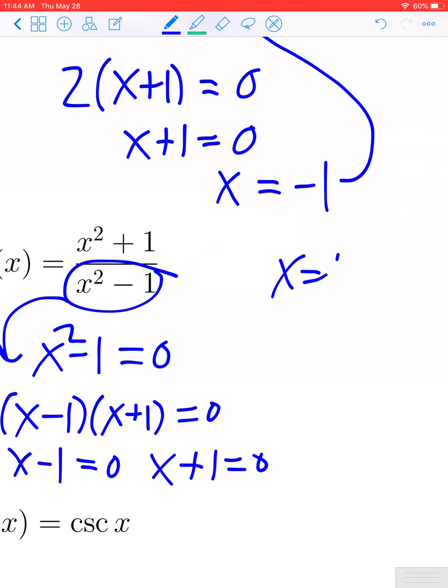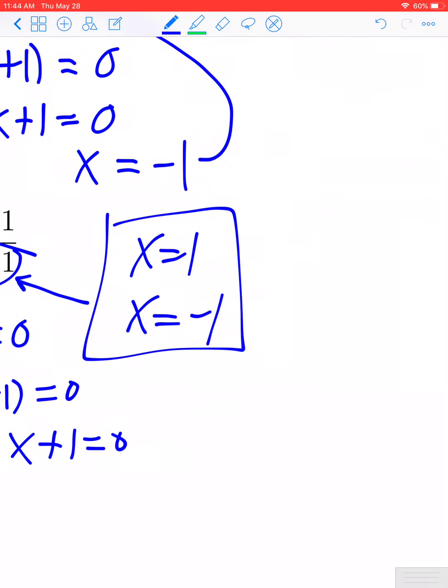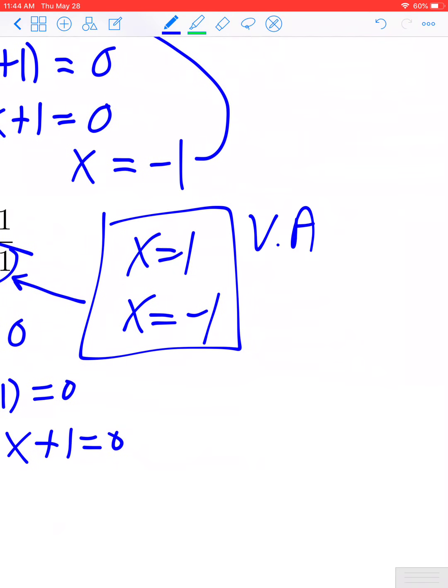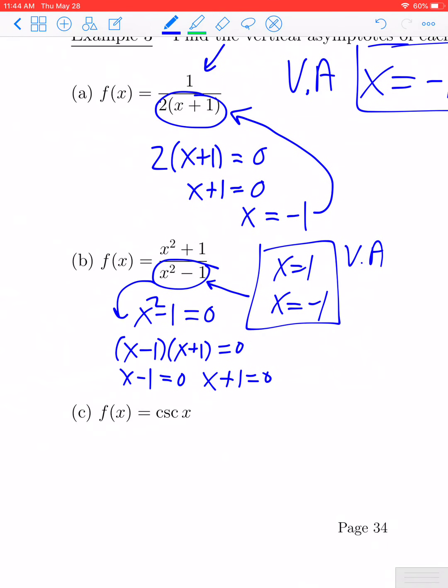We get x equals positive 1 and x equals negative 1. These two values make the denominator equal to 0. And you can check this, but if you plug either one of those into the numerator, it's going to result in 1 plus 1, which is 2. So they make the bottom 0, but not also the top. So we do get two vertical asymptotes for this function f.